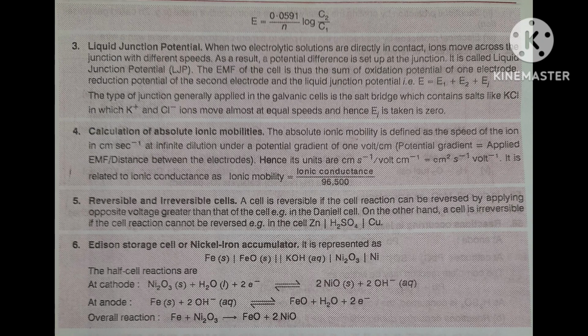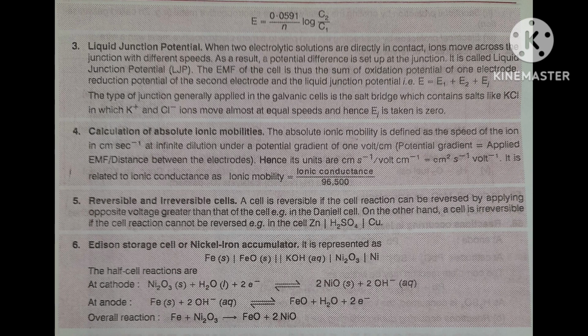Then Ni2O3 plus H2O plus 2 electrons from anode side. Then now what product will you get? Ni2O3 will convert to NiO. NiO, reduction taken place.